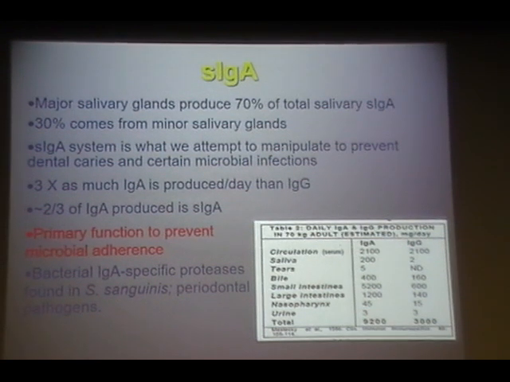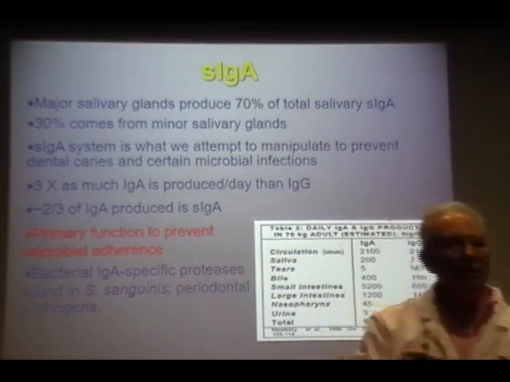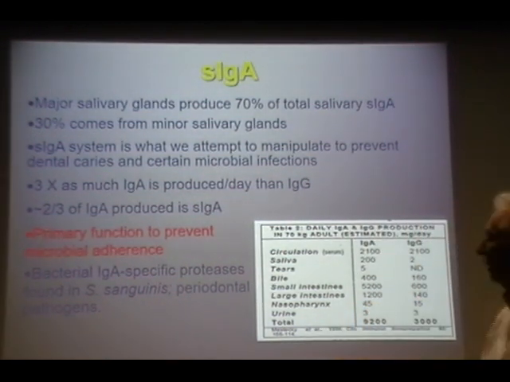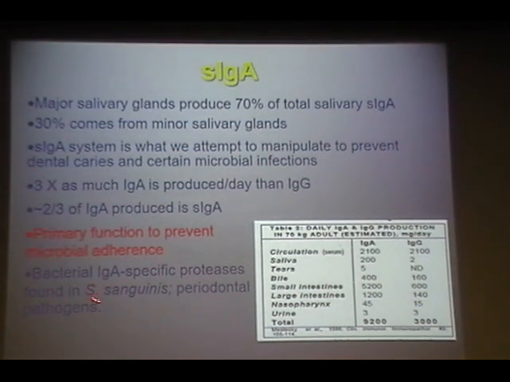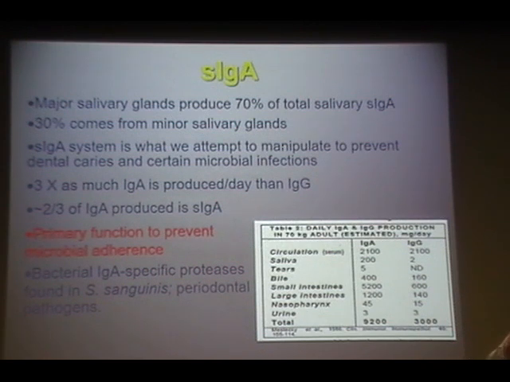What else did I say? Oh yeah. This is very interesting. And maybe it's a defense mechanism for a good bug to reduce the ability of secretory IgA to adhere to the good bug and remove it. So it's been found that Strep sanguinis produces IgA-specific proteases that attack that secretory component and destabilize the secretory IgA.